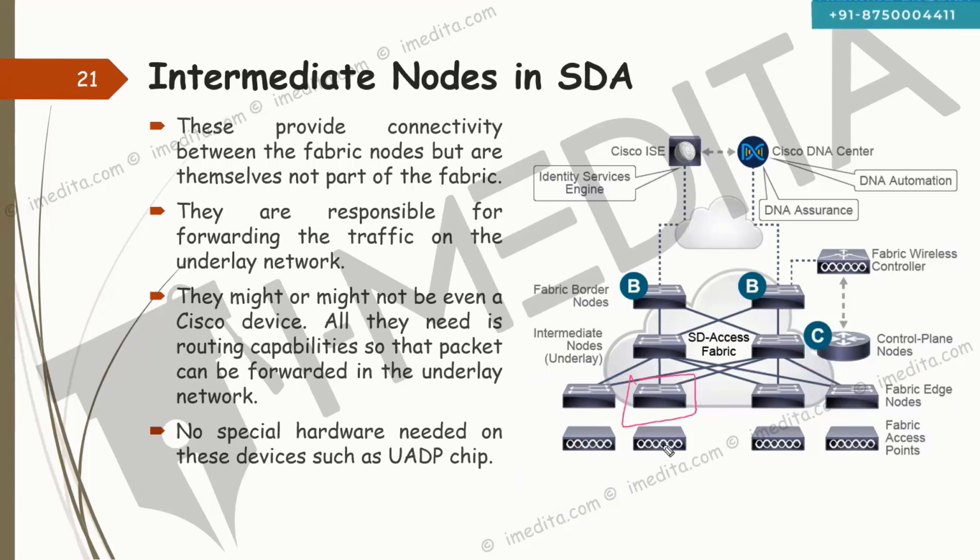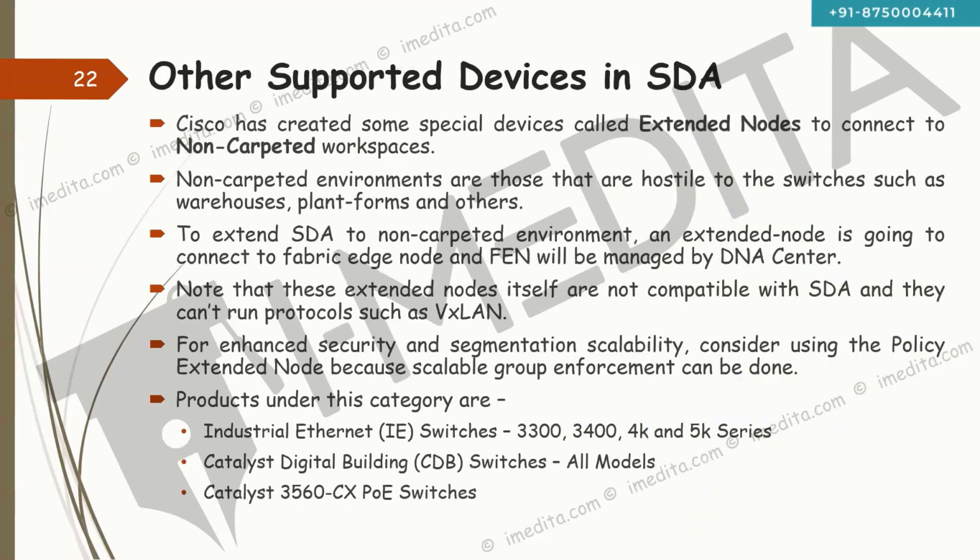And we can also have a policy extended node, where we can push the policies from the DNS center as well. So here, for example, this fabric edge node is being managed by the DNS center, and this fabric edge node connects to this extended node. EN stands for the extended node.